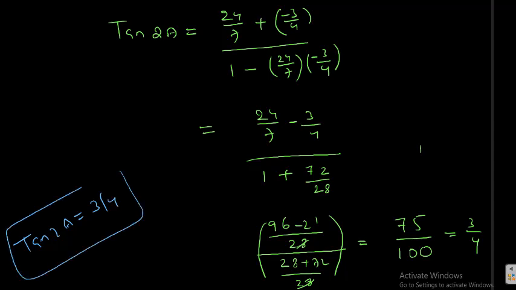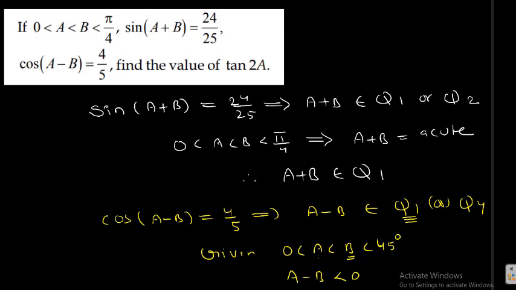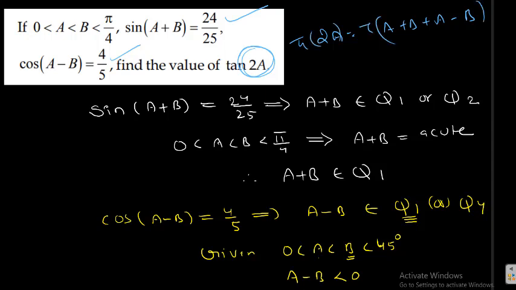Very, very, very important model. Once again, sin of a plus b given, cos of a minus b given, we want tan 2a. What is our plan? 2a is nothing but a plus b plus a minus b only. After cancelling b, then 2a only we get. Tan of 2a means you want the value of tan of a plus b plus a minus b.